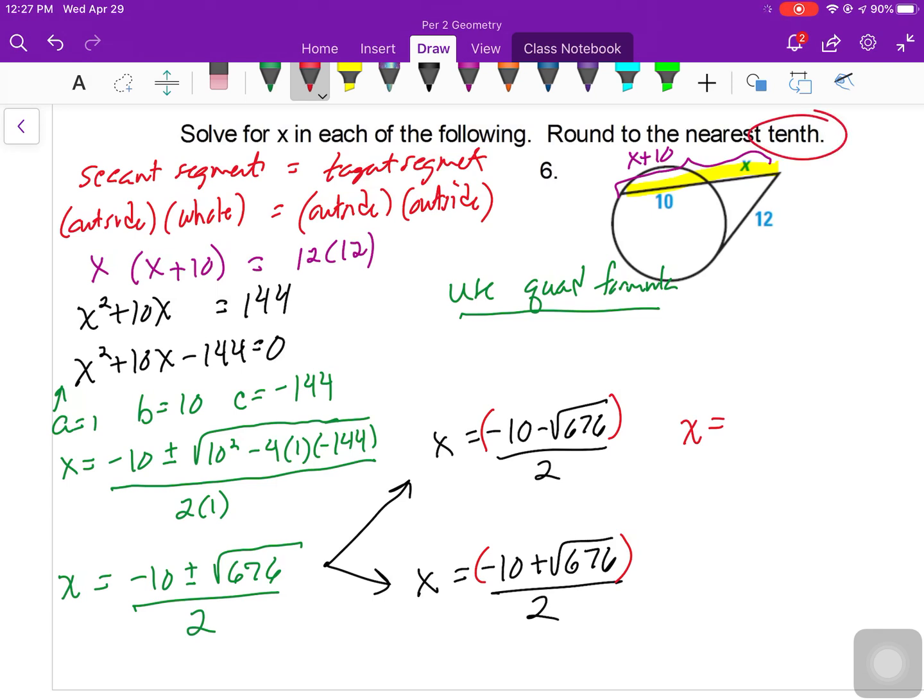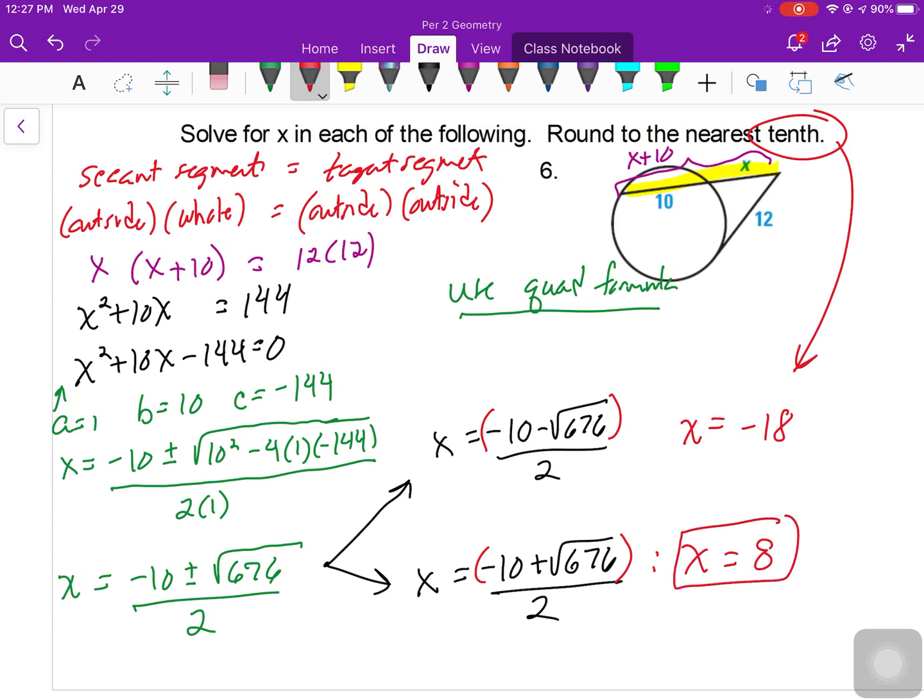If we do that for this top one, we end up with, rounding to the nearest tenth this time, tenth means only one decimal place, x equals negative 18. The bottom one we end up with x equals 8.